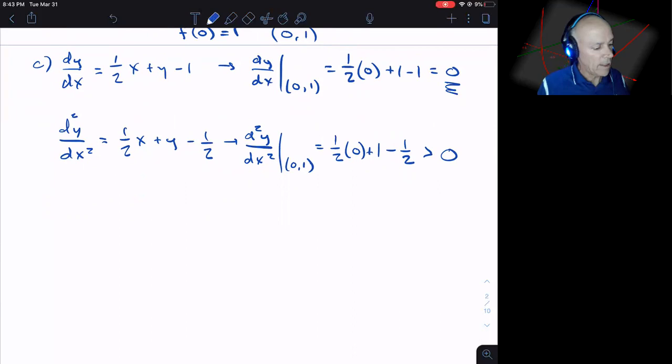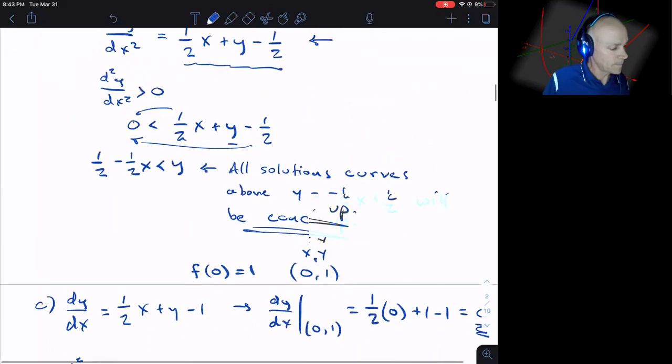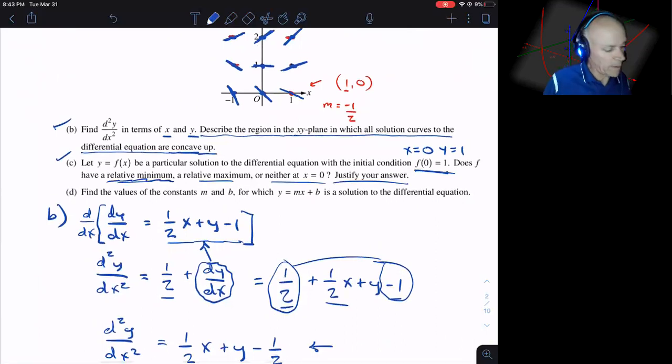So if that second derivative is positive, that must mean that there is a relative minimum. So I'm selecting it's a relative minimum on f at x equals 0.